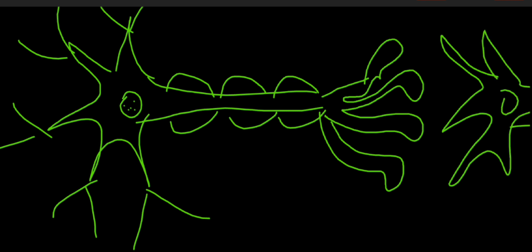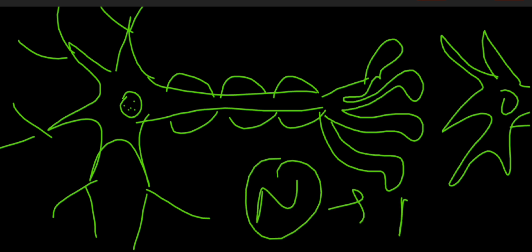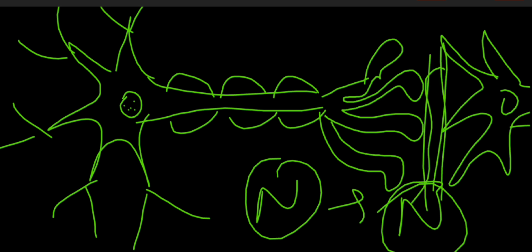The nerve impulse will travel from one neuron to the next neuron, and there is something called the synaptic cleft, and this is called the synapse, which is present at the nerve axon terminals, at the end of the nerve axon.